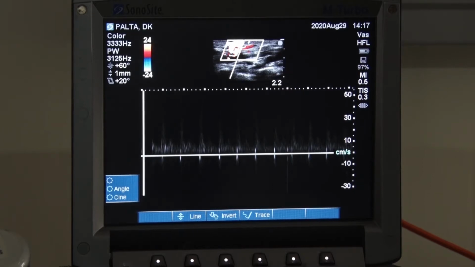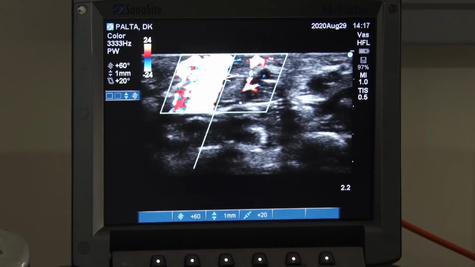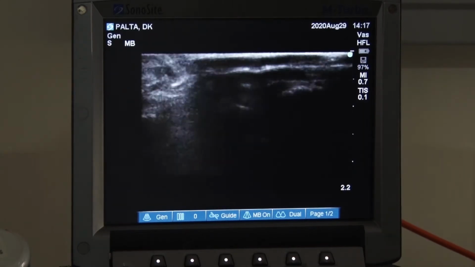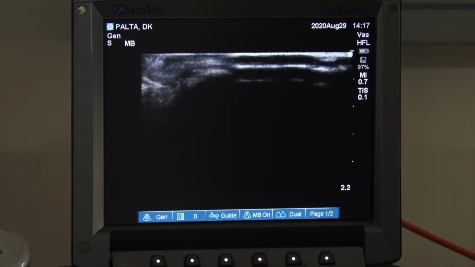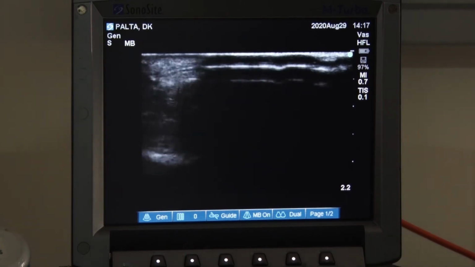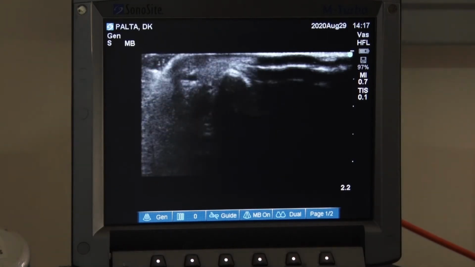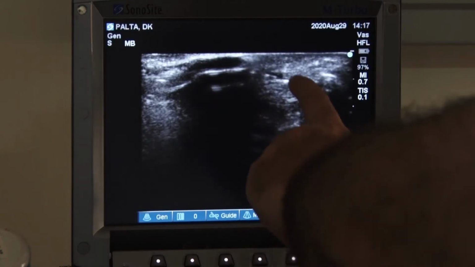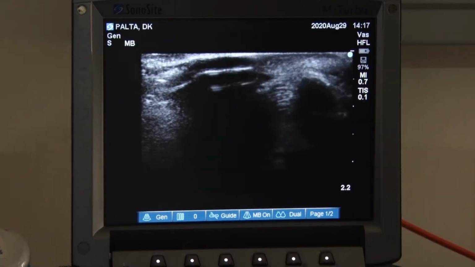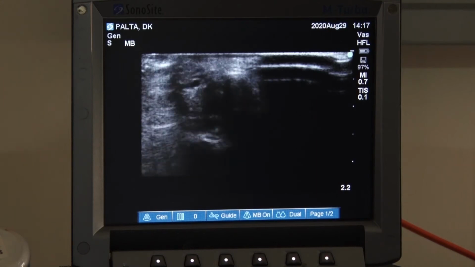Now we can see the distal arteries also. I will show you how to see the distal arteries. We can see along the side. So there are the digital arteries. These are the proper digital arteries.